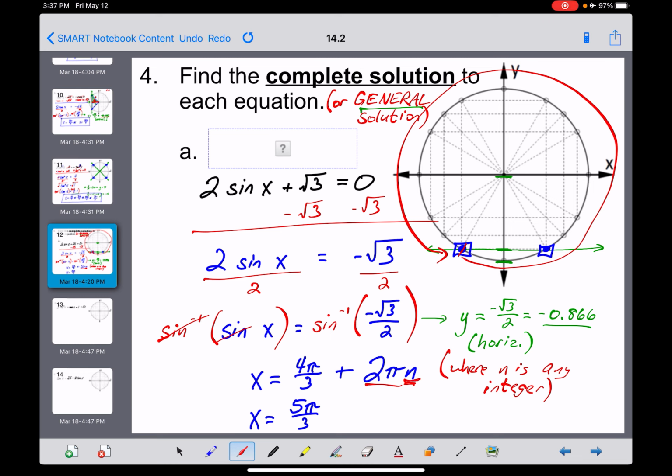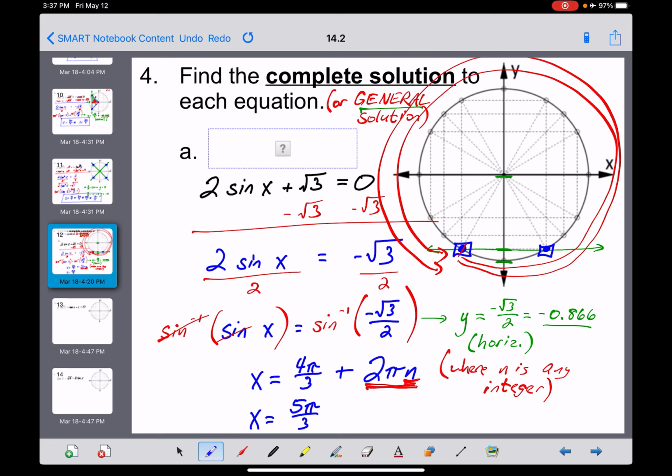Then, if n were equal to 2, that would give you yet another solution at another complete revolution around the circle. Because of coterminal angles, this can keep happening over and over and over again. So we add this 2 pi n at the end of the first specific solution to just say, hey, this can happen an infinite number of times where n could be any integer, a positive or negative whole number.